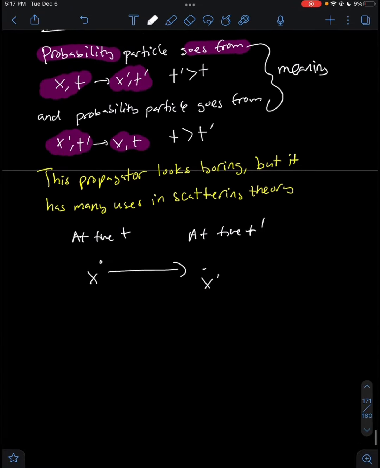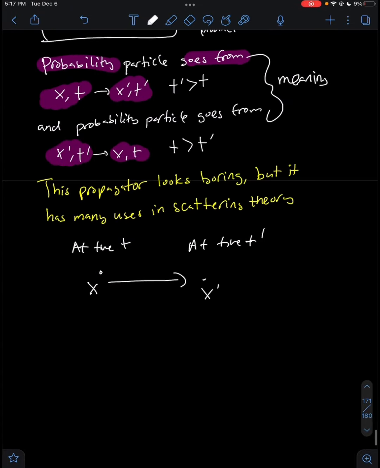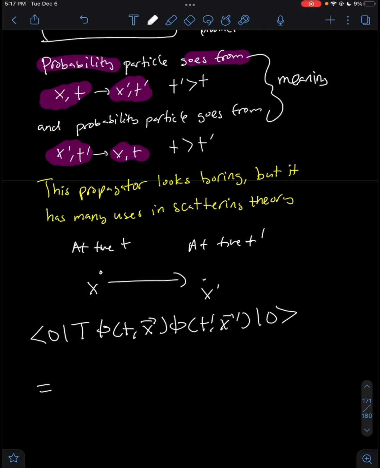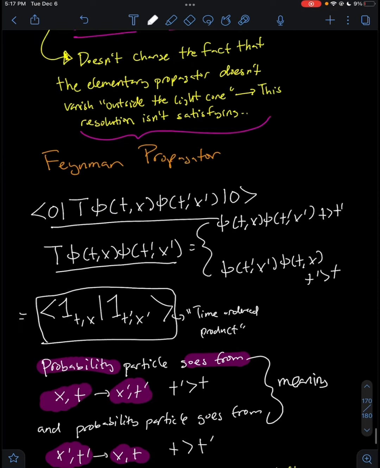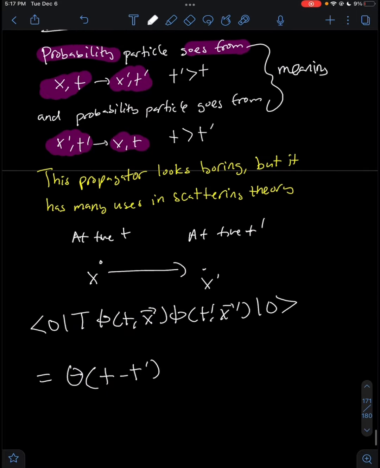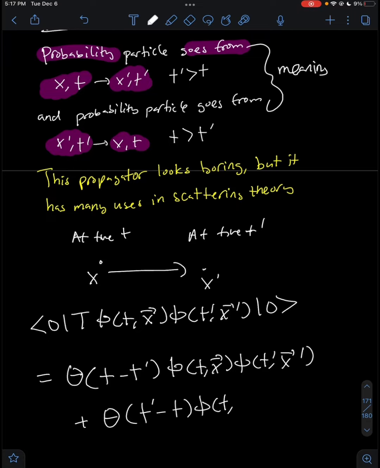So, we can write the inner product of T phi t x phi t prime x prime as the Heaviside function of t minus t prime, so here the t is going to be the larger one, of phi t x phi t prime x prime, plus the Heaviside function of t prime minus t of phi t x and phi t prime x prime.